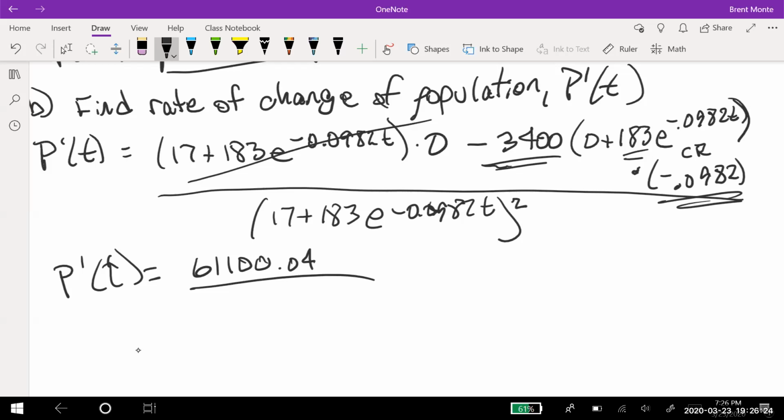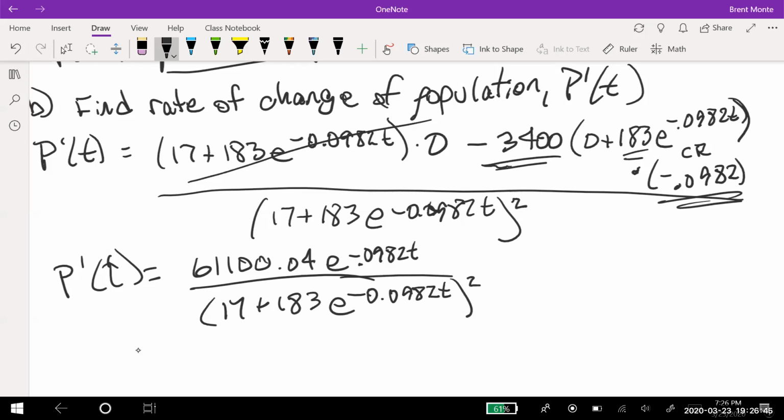All over, and then the rest of that, what else did I have? E to the negative 0.0982 T, all divided by 17 plus 183 e to the negative 0.0982 T, whole thing squared.